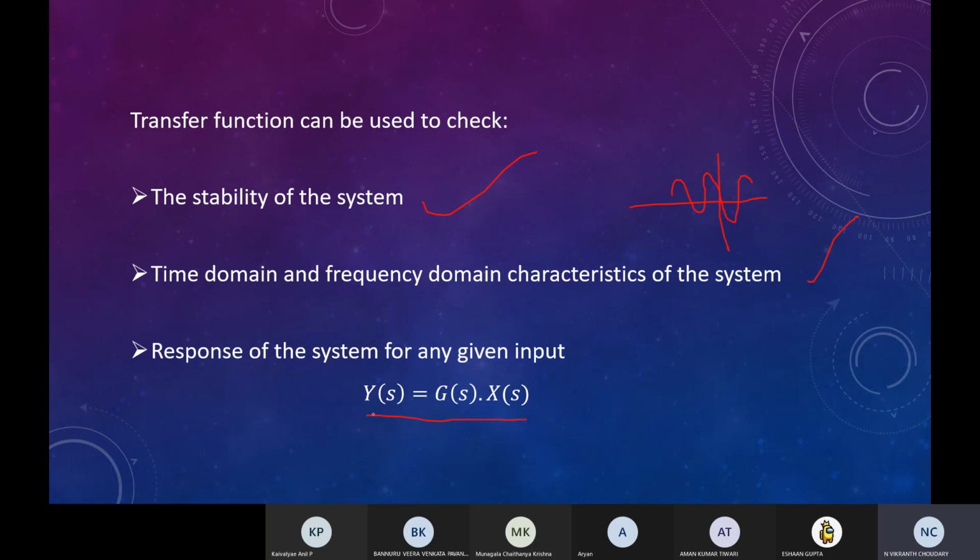Response is just, for a given input, what will be the output. From the transfer function formula itself, the transfer function is the ratio of output by input. So if you take the input to the other side, input times transfer function will give us the output. So if you know the transfer function, for any input you can calculate the output. So these are the three main things that the transfer function tells us about.